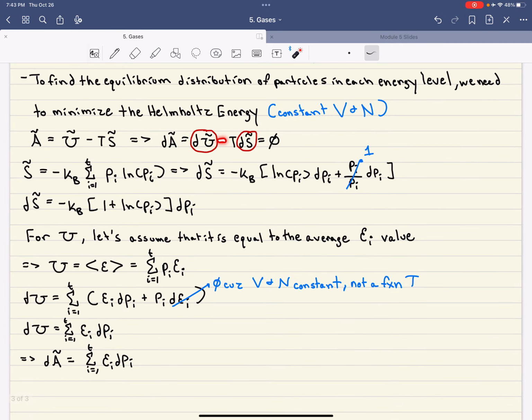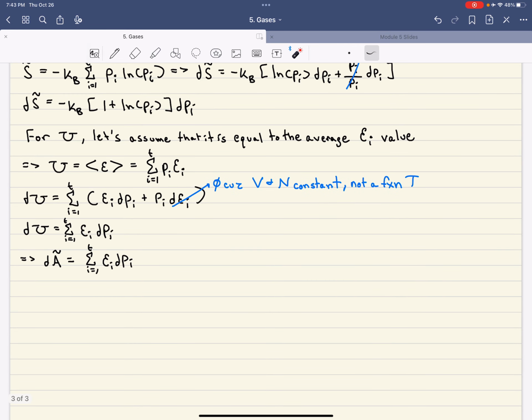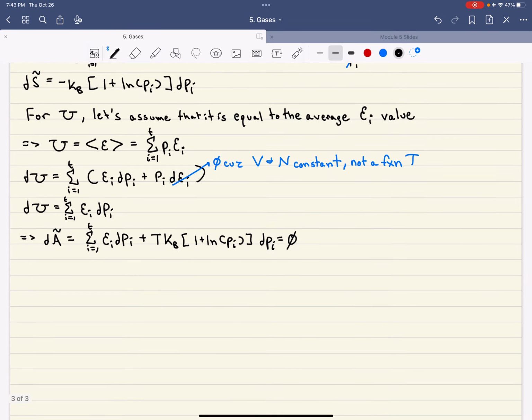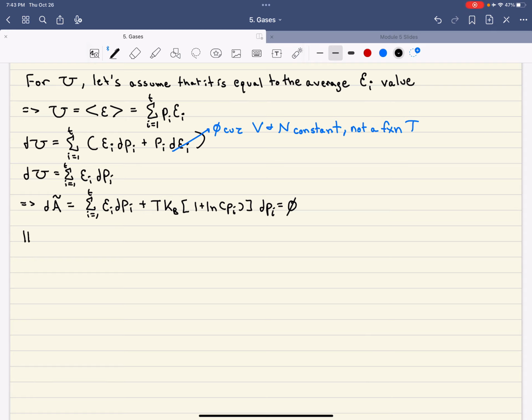Here we have a negative, and our ds also has a negative, and as a result, those negatives cancel, and we get T Kb times 1 plus ln pi dpi. And if we're trying to find the minimum, we know that this dA is going to be equal to 0. So this is the relationship that describes the minimum of the Helmholtz free energy. But this isn't the only equation we need to consider, because what we have to remember is we're dealing with probabilities.